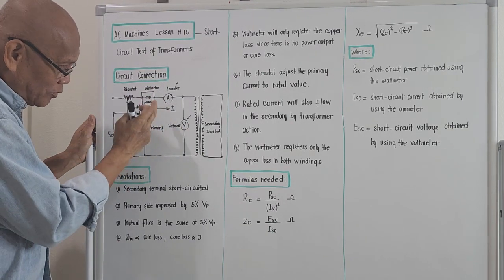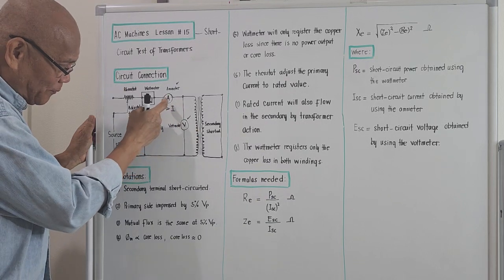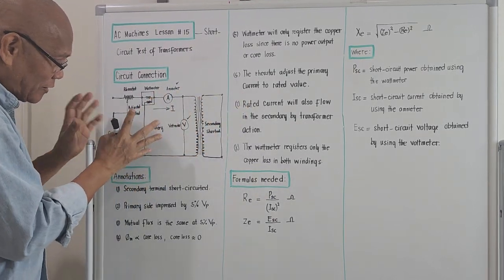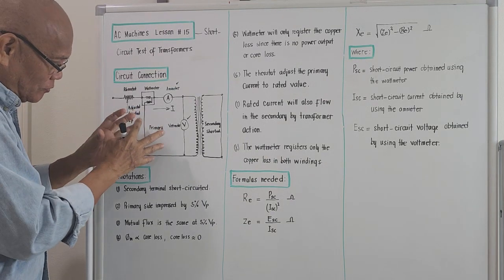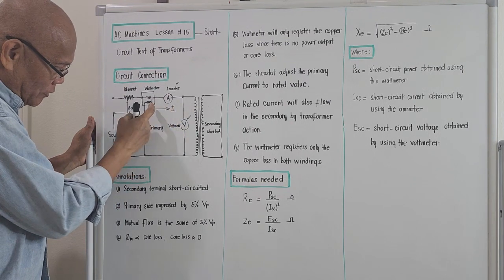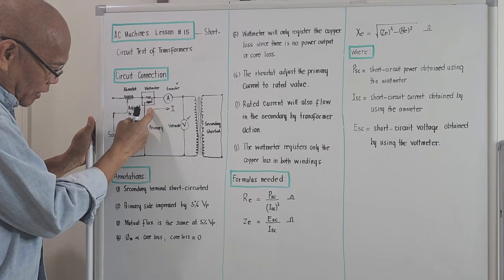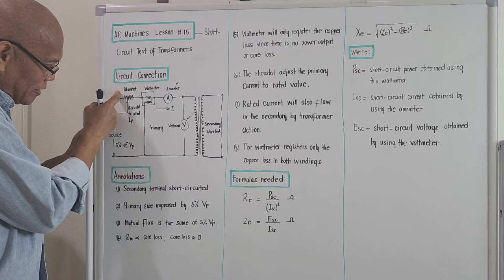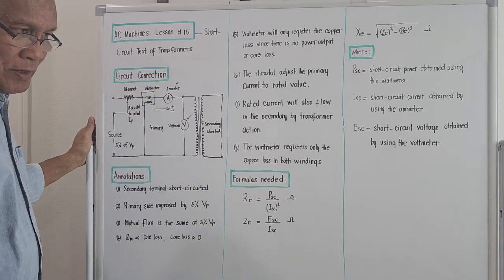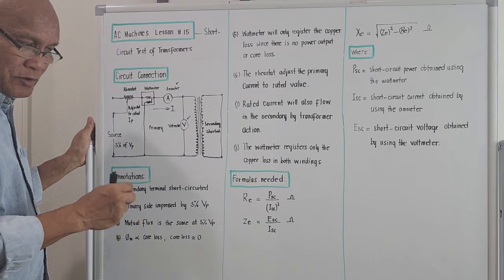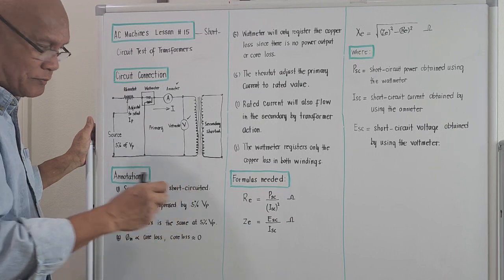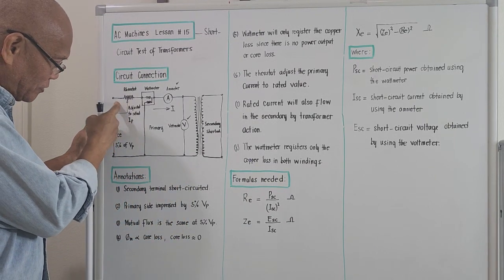But other than that, we have another equipment, which is an ammeter and voltmeter connected separately. So actually there should be 4 equipments here: voltmeter, ammeter, wattmeter, and before the wattmeter we are given a rheostat. A rheostat is just a circuit component with which, if you adjust it, you will adjust voltage or current.